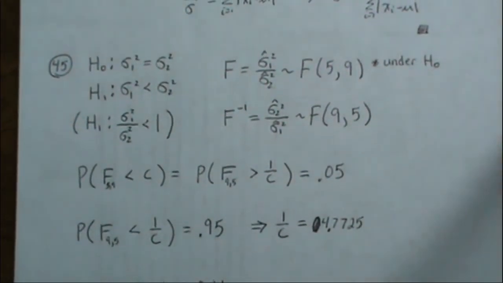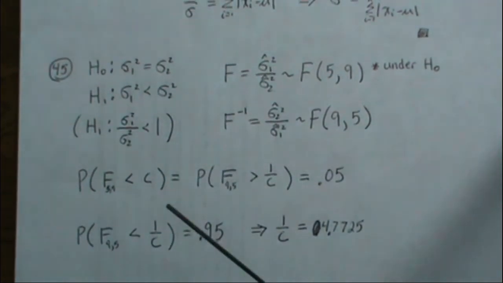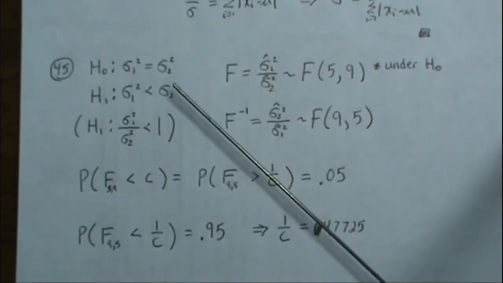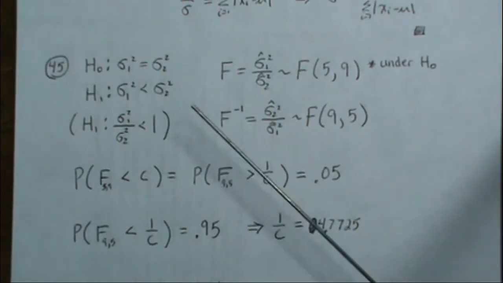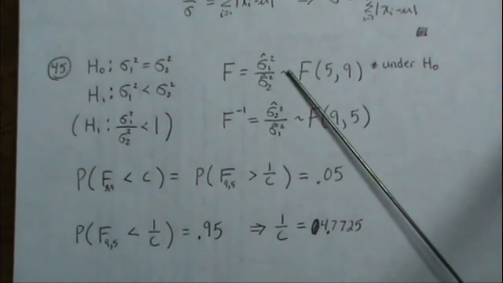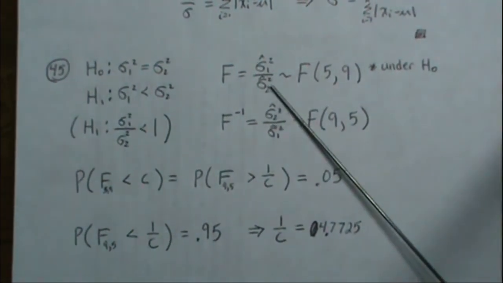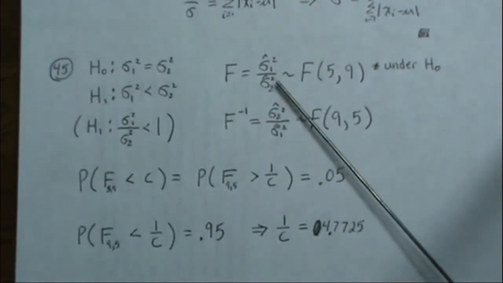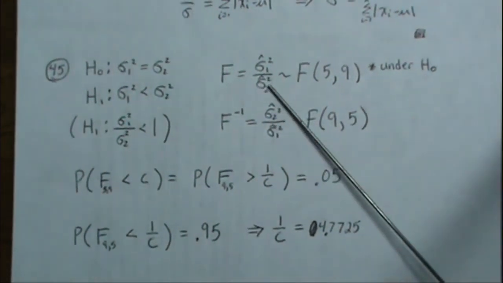Now, 45, it says we want to test, are the variances equal or are they not equal? And it says to use this test statistic. And then what's the boundary? What's interesting is that most F tables can't calculate this.